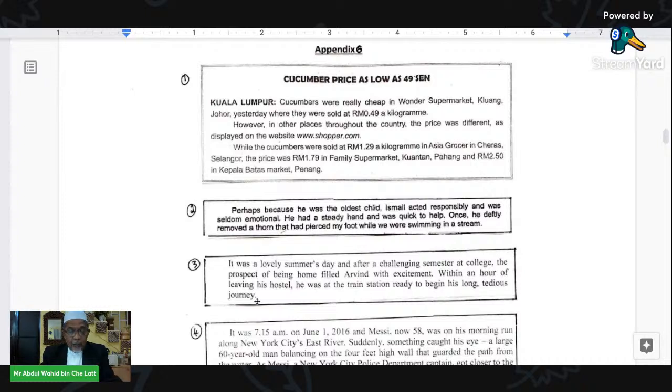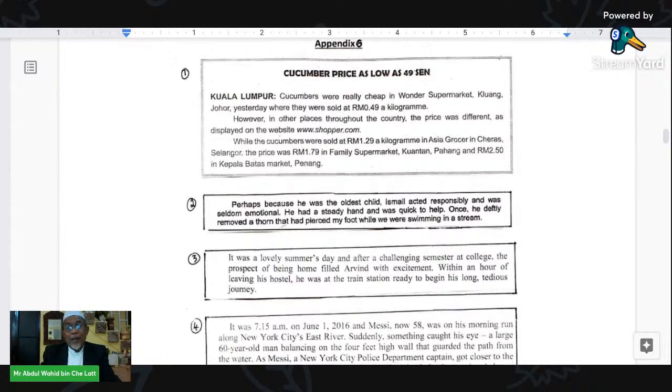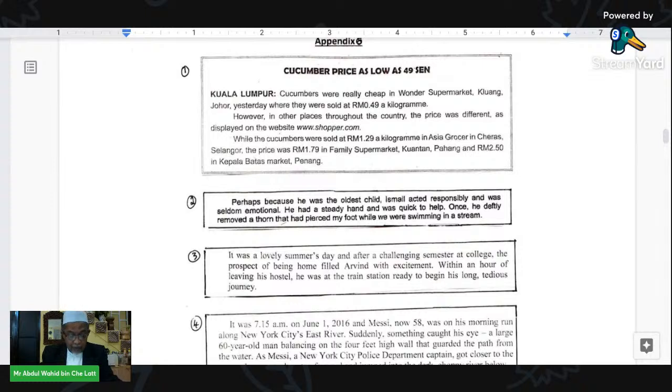Focus on the finite verb was in line 1 and was in line 3. These two finite verbs in stative form describe the situation once but not today.